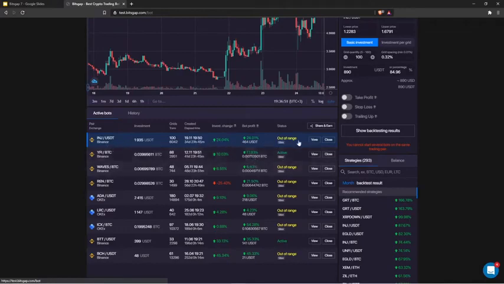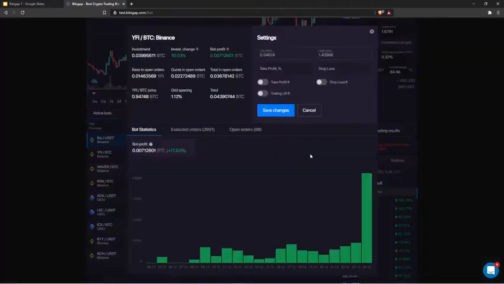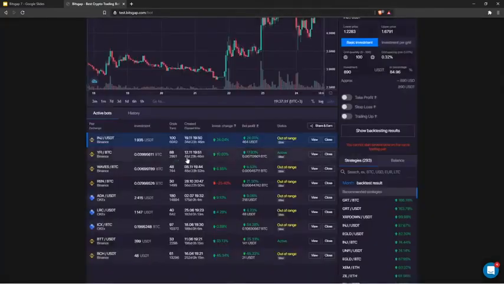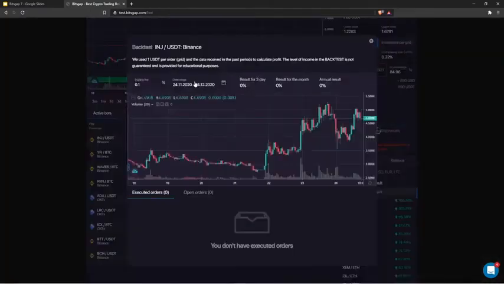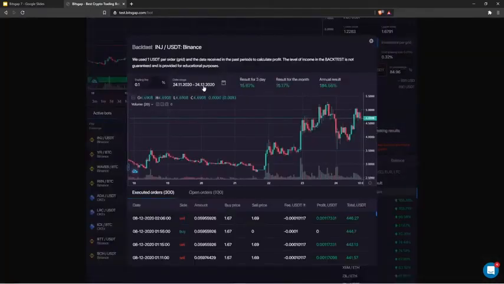For example, for my current UFI trading to Bitcoin, if I click on view, you see already an investment change of 10% for the period of 41 days. And if annualized, this is going to be around 120%. And you can use the show backtesting to test strategies and to see annual results.